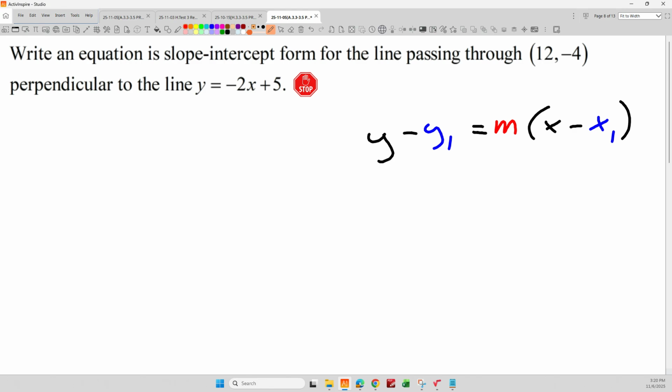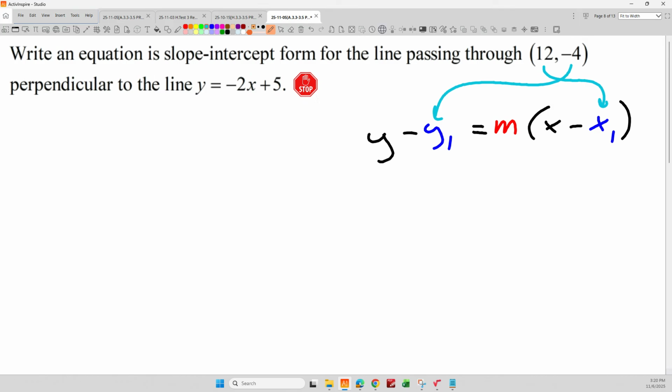What can I do? Yeah, okay, so where am I going to get the coordinates x1, y1? Oh, right here. Yeah, that's the point. That's a point on my line. Good. So that's my y value, that's my x value.